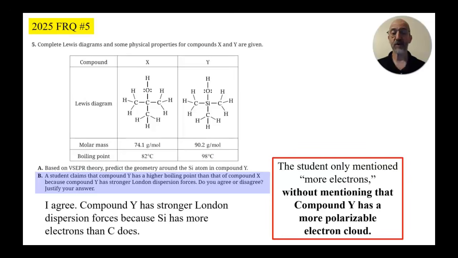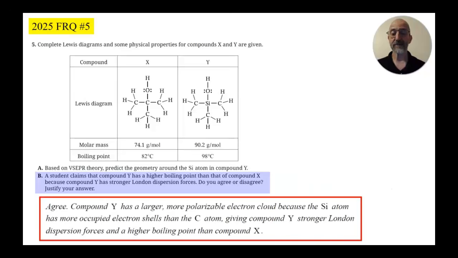Here is the official scoring guidelines answer. So yes, I agree with the student's claim that compound Y does have stronger London dispersion forces, and it's because compound Y has a larger, and there's that phrase, more polarizable electron cloud, because the silicon atom has more occupied electron shells than the carbon atom.